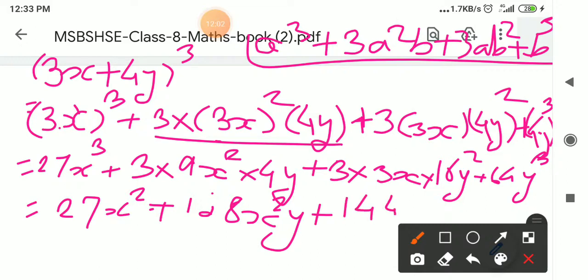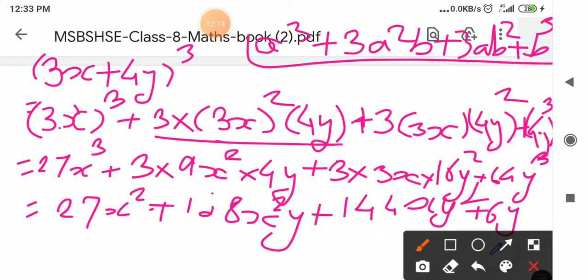So 16, 3 3s are 9, and 16 9s are 144xy square, and plus 64y cube is the expansion of (3x + 4y) bracket cube. You just check all the plus signs. Sometimes on screen there will be a little confusion in the signs, so all of you note this down.